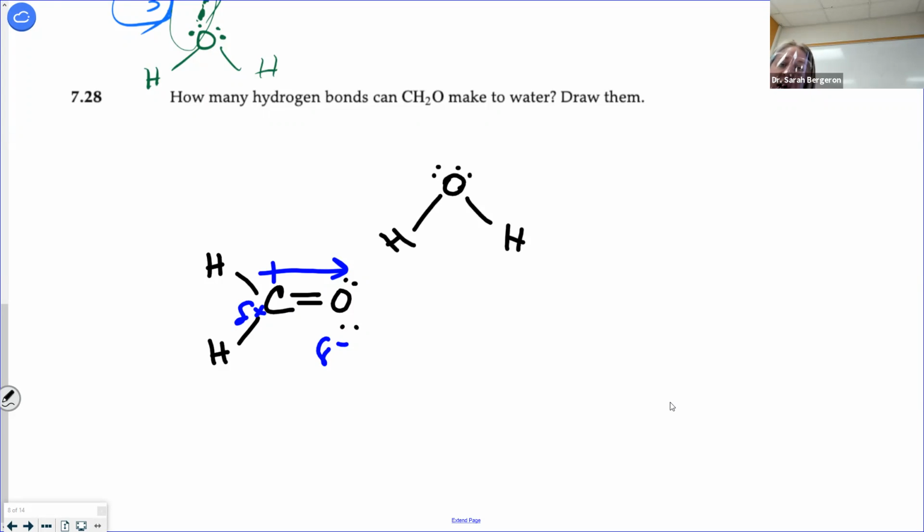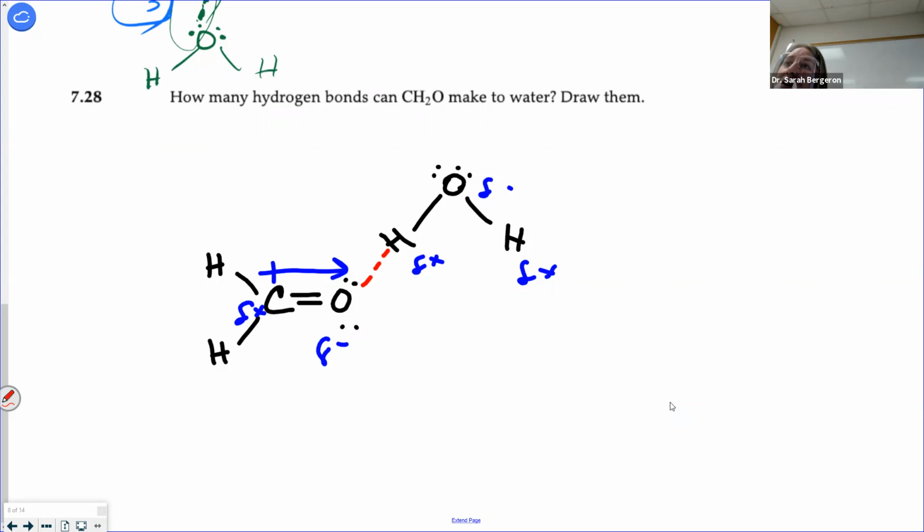Okay, so the oxygen over here is partially negative. This is partial positive, partial positive. So we can create an interaction between the partially negative oxygen of our CH2O and our partially positive hydrogen of water. So that's one hydrogen bond that could occur.